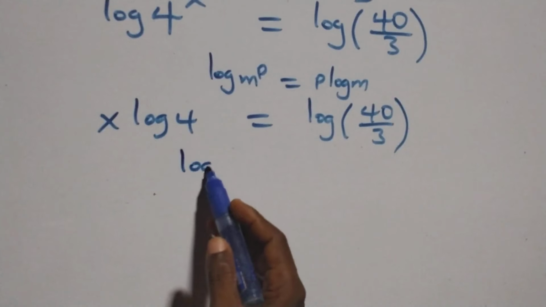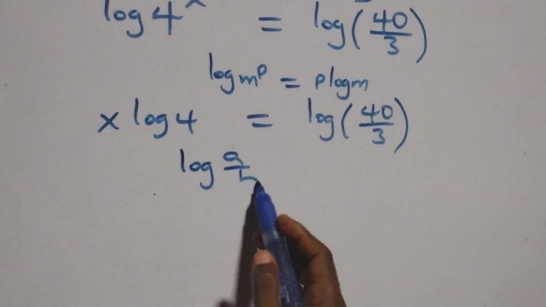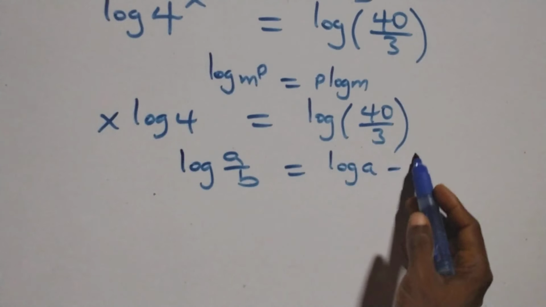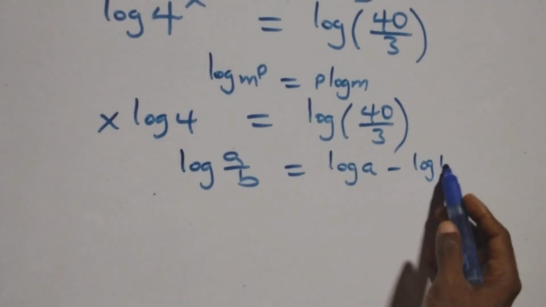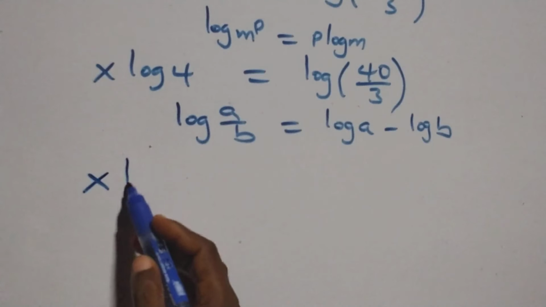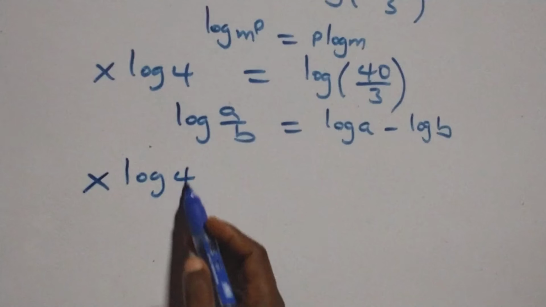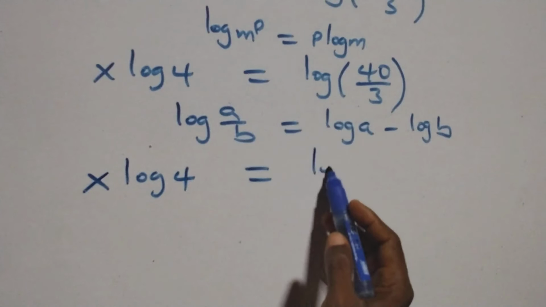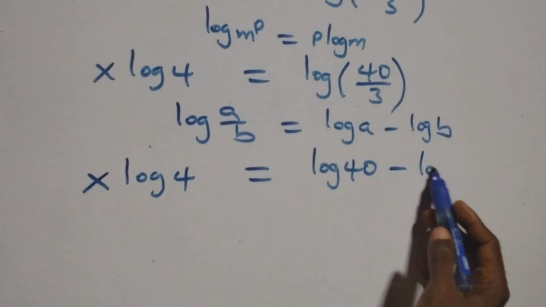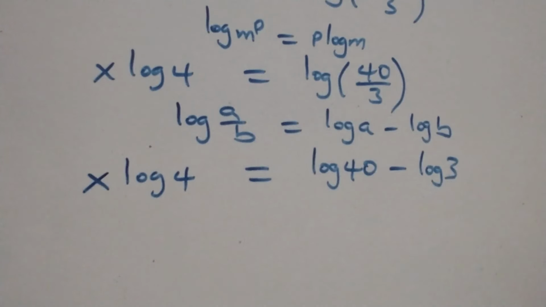When we have log a over b, I write it as log a minus log b. Now here we have x log 4 equals log 40 minus log 3.